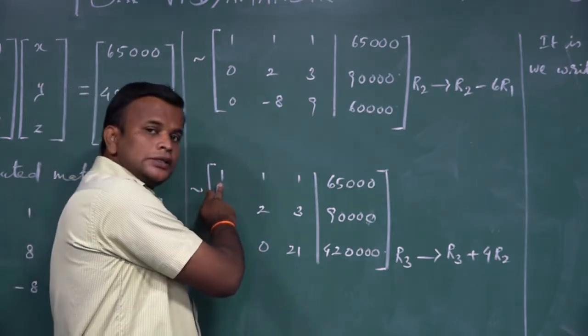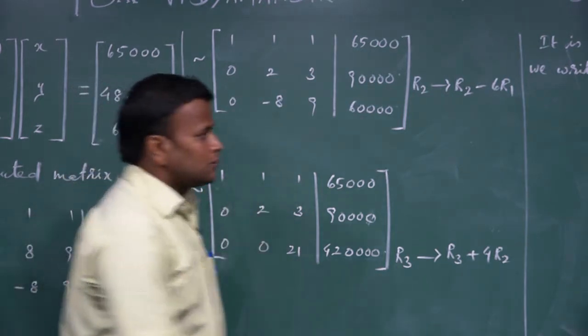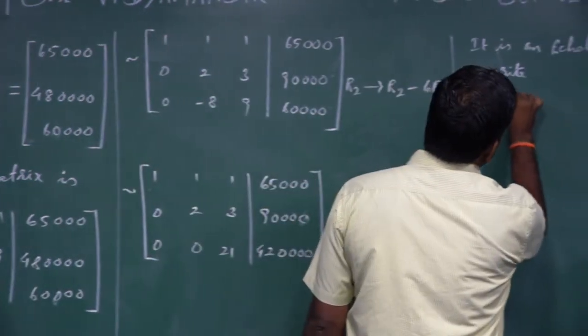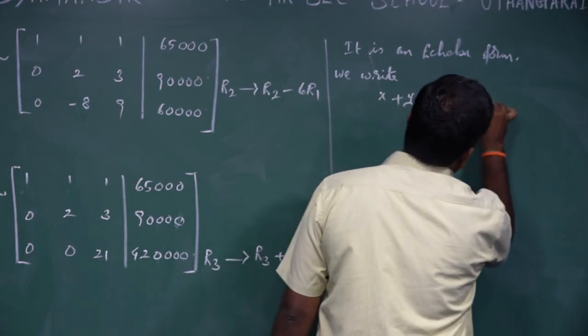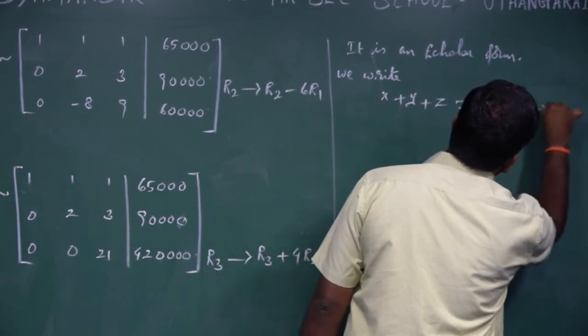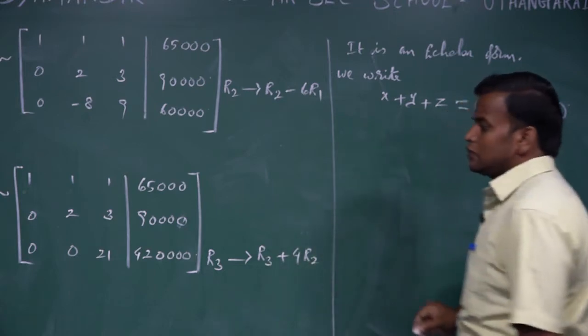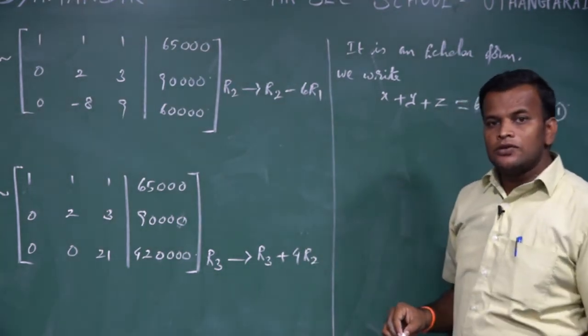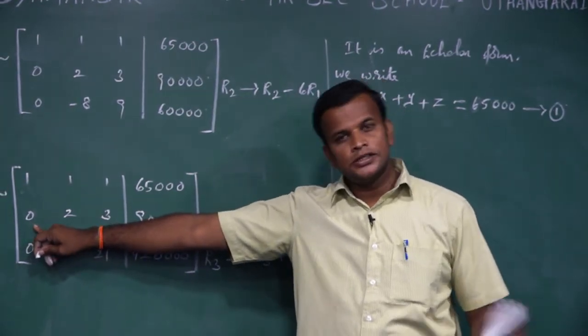1 into x is x, plus 1 into y is y, plus 1 into z is z. So x plus y plus z is equal to 65,000. We call it equation 1. This is the first equation. And the second equation. First one is the coefficient of x, but it is 0. 0 into x is 0.